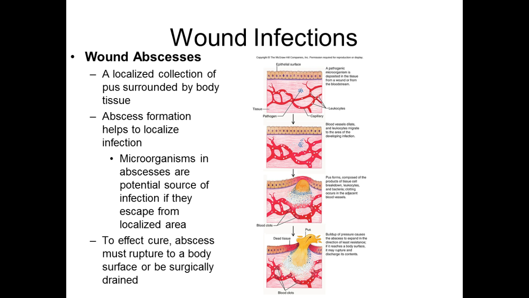So when we can't contain it in that particular area, right? Because maybe you try to take care of it yourself, right? Or just naturally they can escape. So they can be a source of infection for other areas of the body if it doesn't break through the surface, isn't properly tended to.